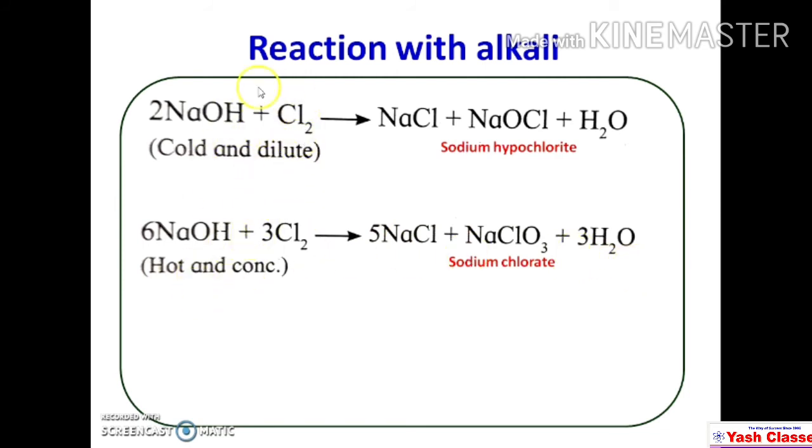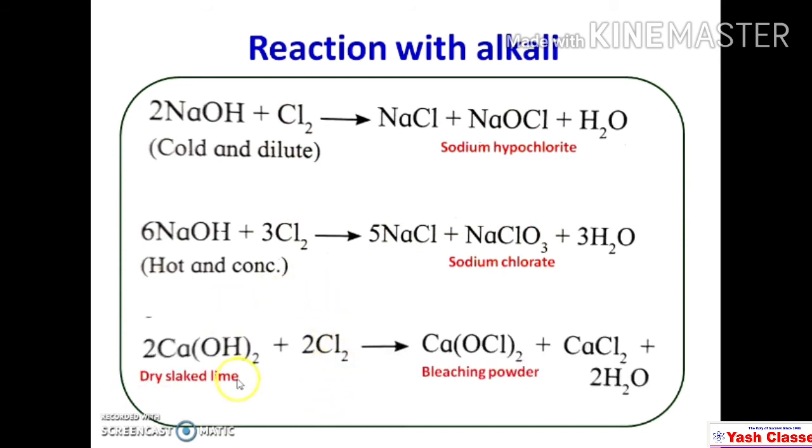When chlorine gas is passed through cold and dilute NaOH, we get sodium hypochlorite, NaOCl. On the other hand, when chlorine gas is passed through hot and concentrated NaOH, instead of sodium hypochlorite, there is a formation of sodium chlorate, NaClO3. So this is the difference between these two reactions.